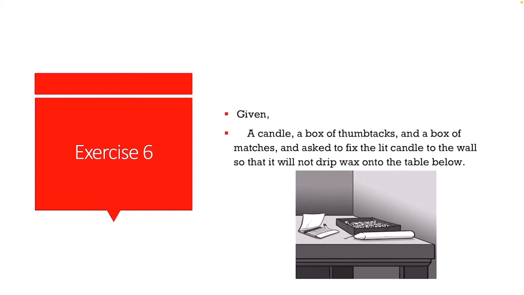So you have to go through the image. They have given a candle, a box of thumbtacks and a box of matches, and we have to fix the candle to the wall so that it will not drop its wax onto the table. Okay, think about this. We'll discuss the solution.